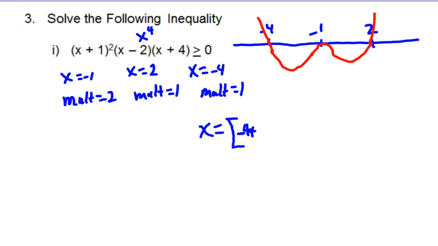I lost something there. Let me go ahead and erase this. Yeah, so x is equal to, we want above here, so we're going to have above or equal to.